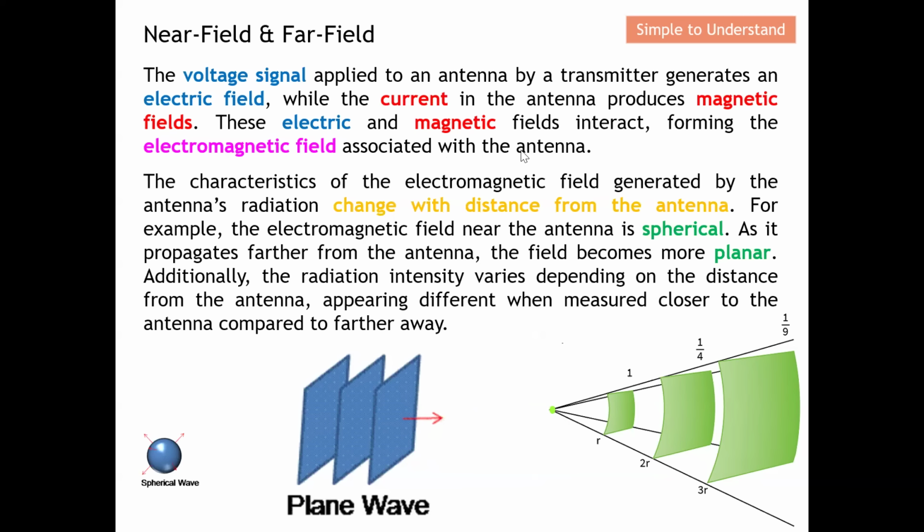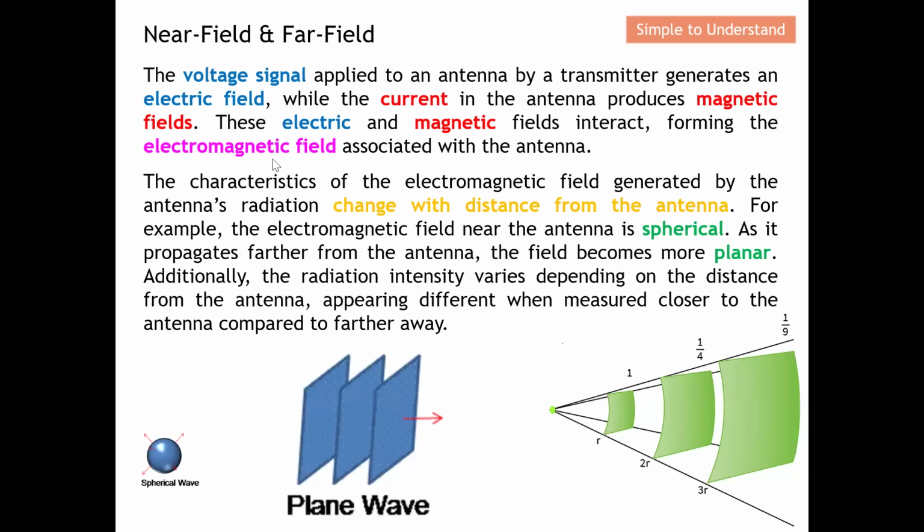Imagine that when they are under the near field, you can still distinguish the electric or magnetic field. But once they escape from the antenna beyond the distance that I mentioned earlier, which distinguishes between the near field and far field, the fields will be combined together as an electromagnetic field.